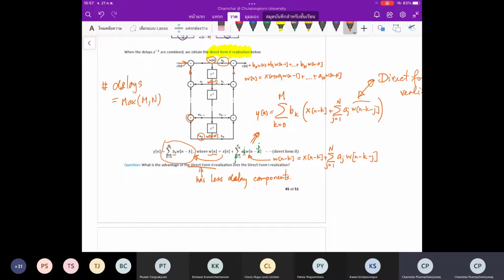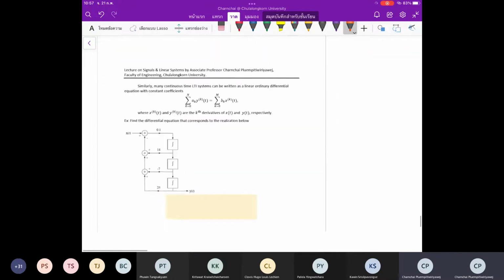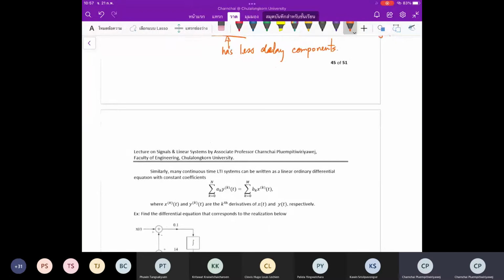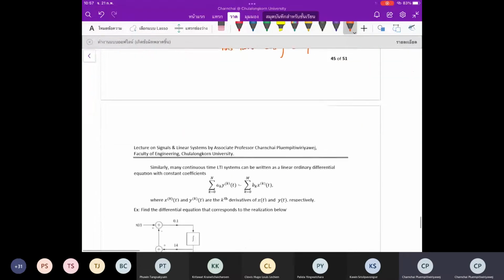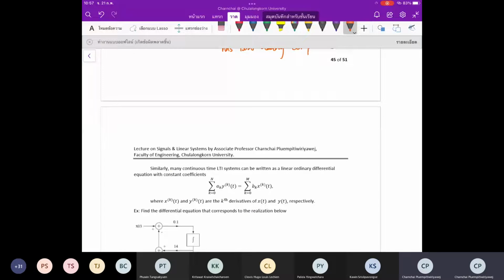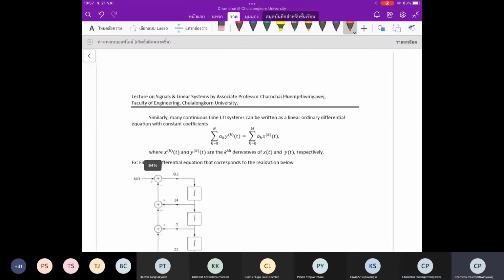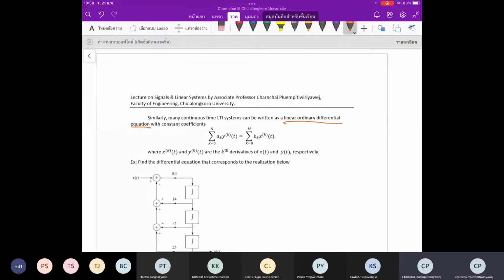This one you have to replace by another recursive function, is it? Yeah, it's going to be very difficult to do that. Anyway, similar to the discrete time LTI system, in continuous time LTI system we can write it as ordinary differential equations with constant coefficients.